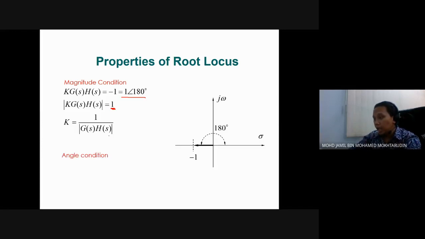The second condition is the angle. The angle of KGH equals 2 times k plus 1 times 180 degrees, where k starts from 0, 1, 2, and so on until the angle becomes bigger than 360 degrees.